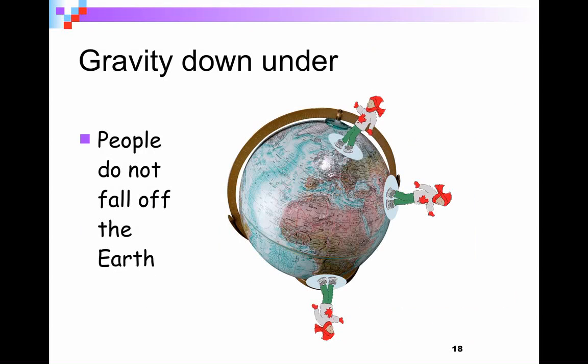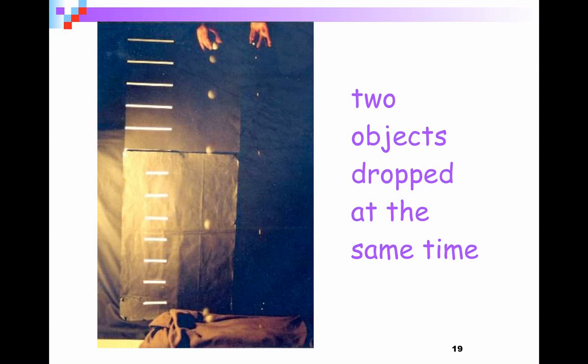The gravity down under and how people don't fall off our planet. We were doing a customized activity with this slide, but realistically what we summarized and surmised with everybody was that gravity is constant, and no matter where you are on our planet, like if you're in the south of Africa, you're in the north of Spain, you're in India, the amount of gravity applied to you is the same because our planet's gravity is constant.